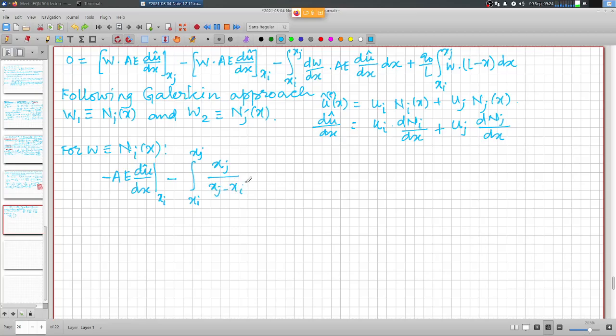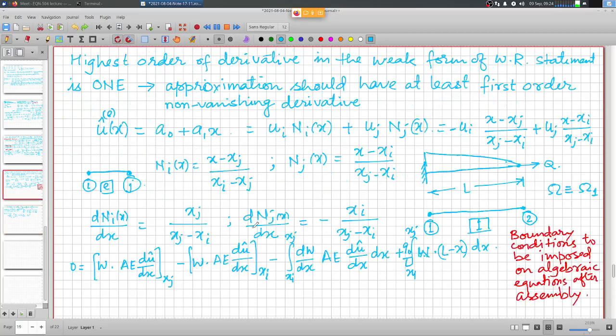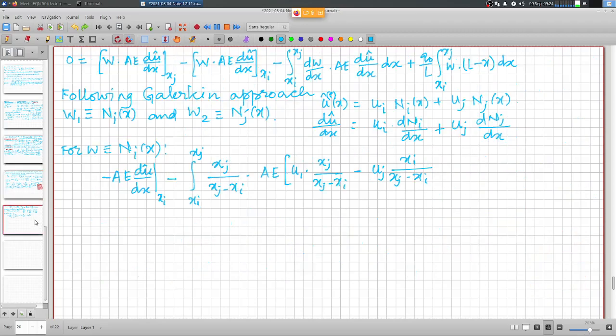Now du by dx is this: ui times again minus 1 divided by xj minus xi, plus uj times 1 divided by xj minus xi.